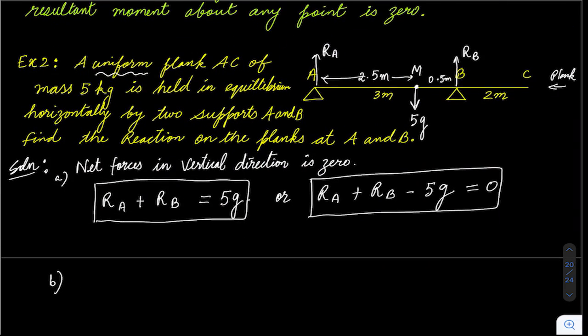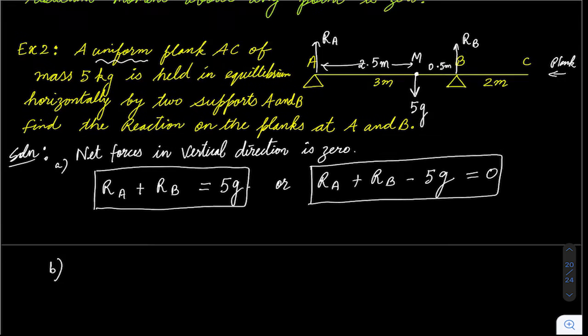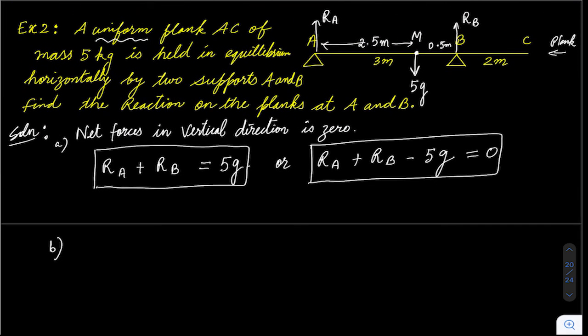Now, one important thing is, reactions at A and B are unknown. So in order to eliminate one of them, we are going to take moments about B to be 0.